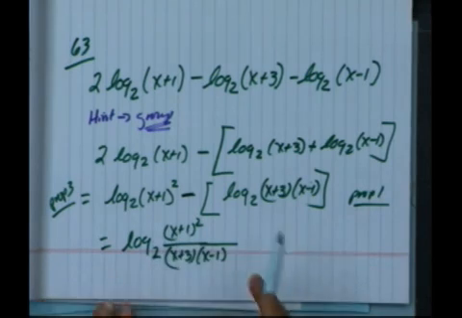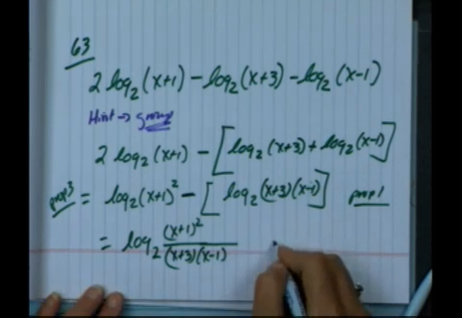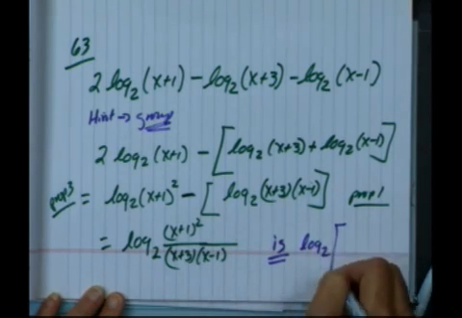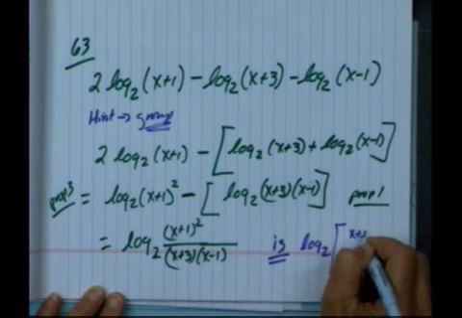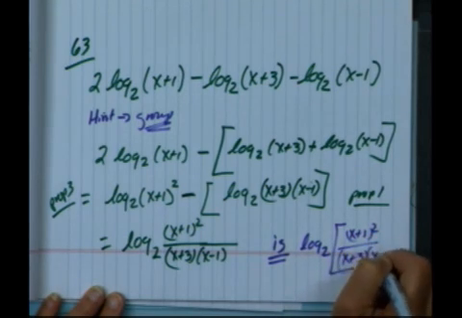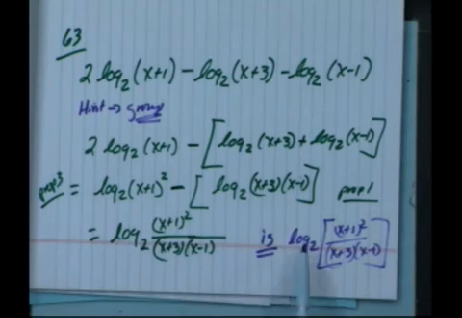Normally you don't use any kind of brackets, but this really is log to the base 2 of this whole thing, x plus 1 squared over x plus 3, x minus 1. The reason I write that is some people will put the log to the base 2 of the numerator over log to the base 2 of the denominator, and that's not true. It's log to the base 2 of this whole expression.